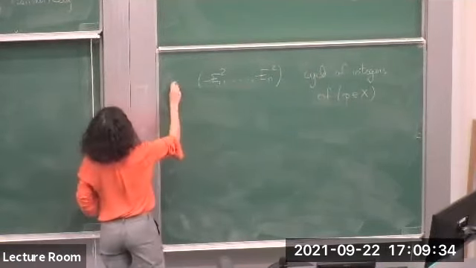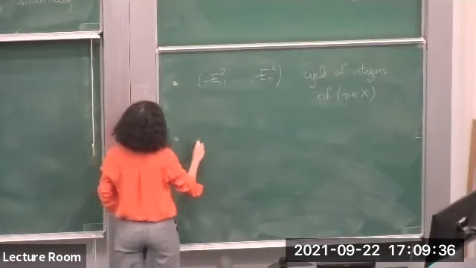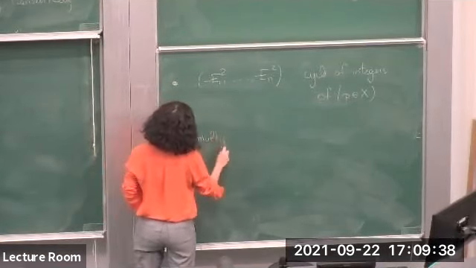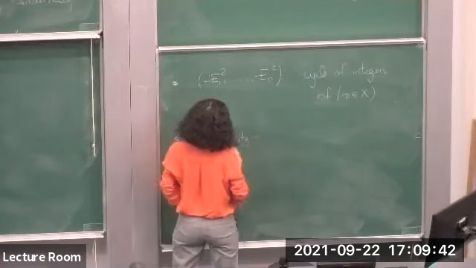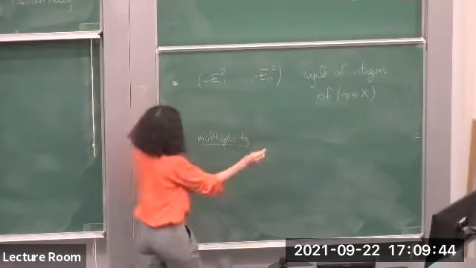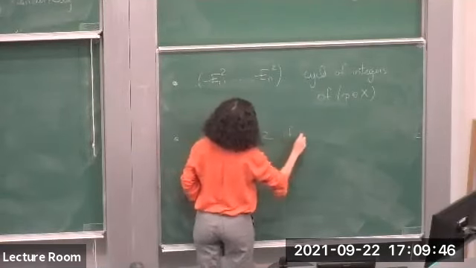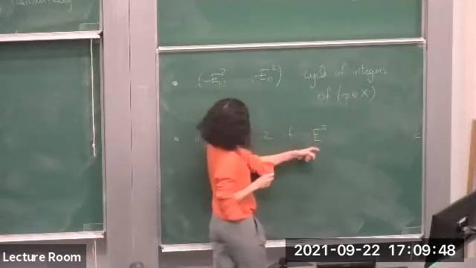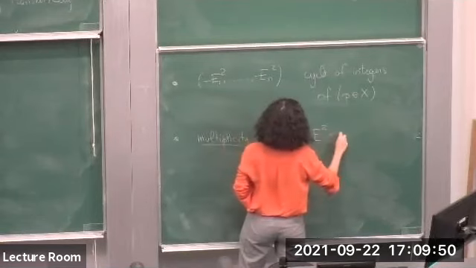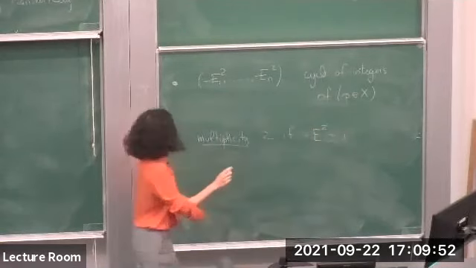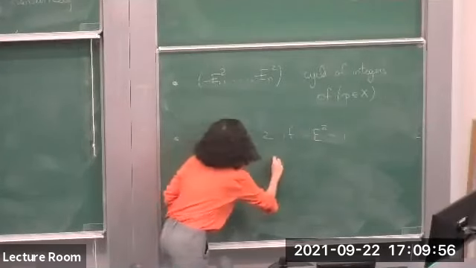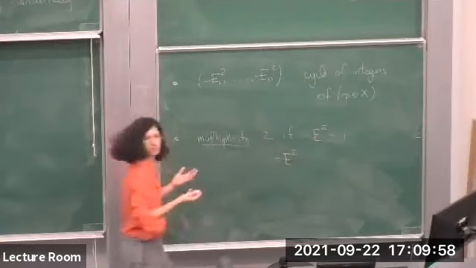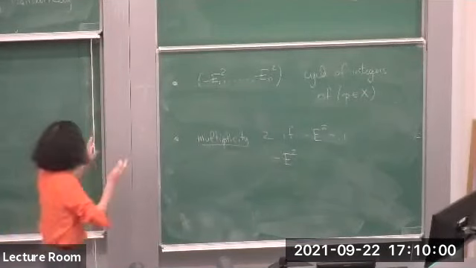The multiplicity is 2 if the self-intersection of E is equal to 1, and minus E squared otherwise, but this is not super important.